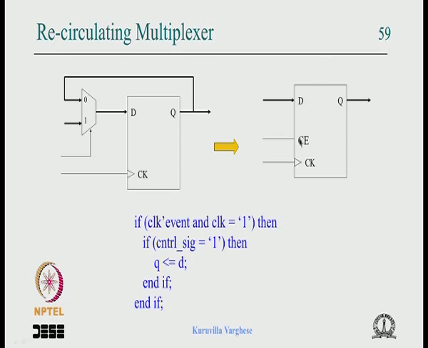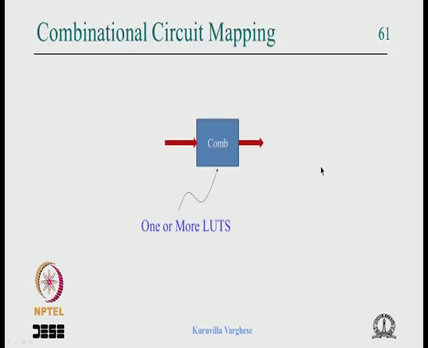That is easily implemented using this clock enable, and some vendors call it enable clock. So some people call it CE, clock enable, some people call it EC, enable clock, probably to make a difference between the devices or vendors.